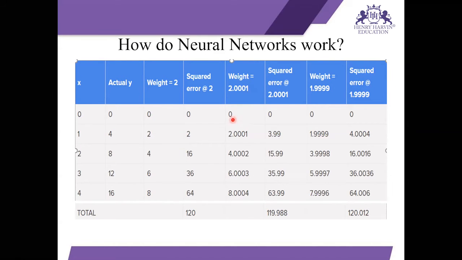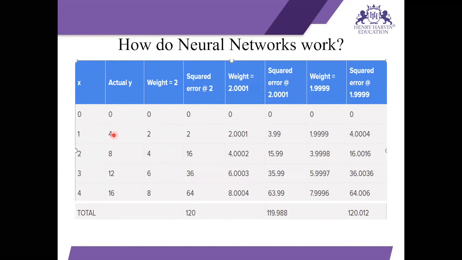So now let us understand. This is the x. 2.0001 into 0 is 0. 2.0001 into 1, into 2, into 3, into 4. Now we find the squared error. What is meant by squared error here again? Actual y minus this one.